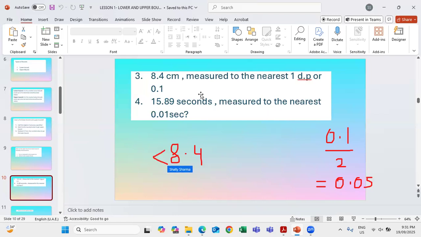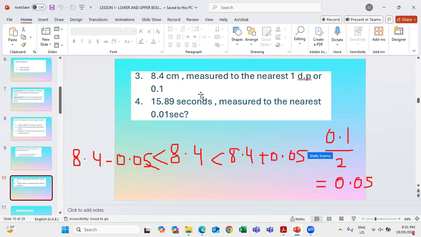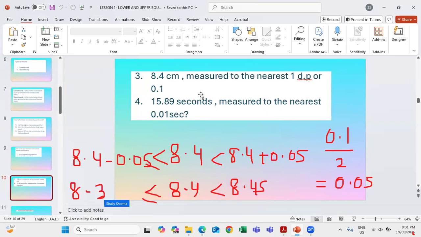So the lower bound will be 8.4 minus 0.05, and the upper bound will be 8.4 plus 0.05. So this will be 8.35 less than or equal to the value, which is less than 8.45.